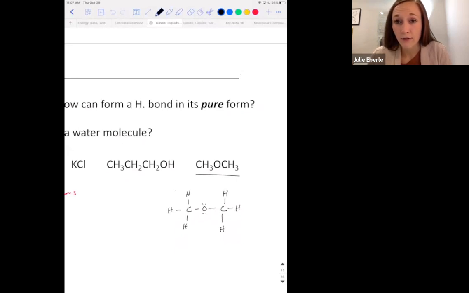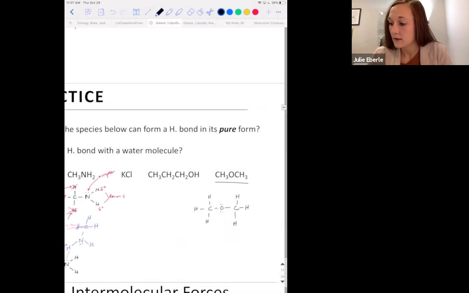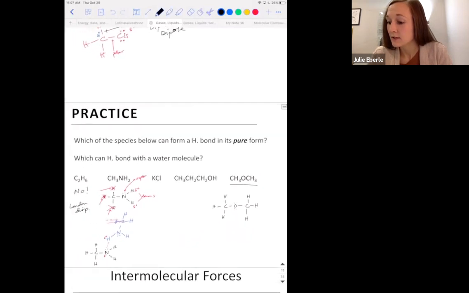Now, can it hydrogen bond? Do we have a donor? Do we have an acceptor? Do we have both, or just one or the other? Allison says it cannot hydrogen bond. Do you think no to both questions, Allison? So maybe it can't in its pure form, and it also can't with water, or does anybody think it could hydrogen bond with water?